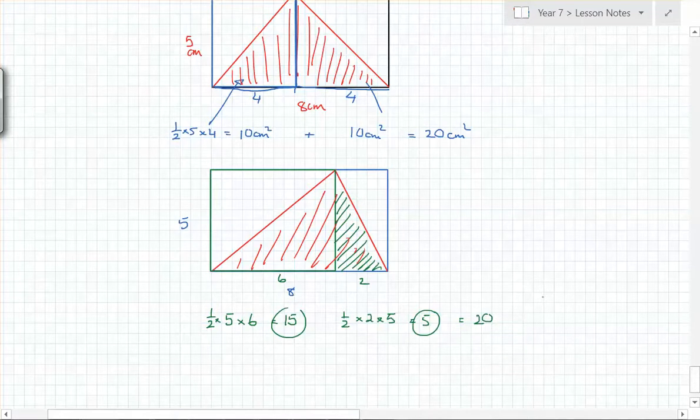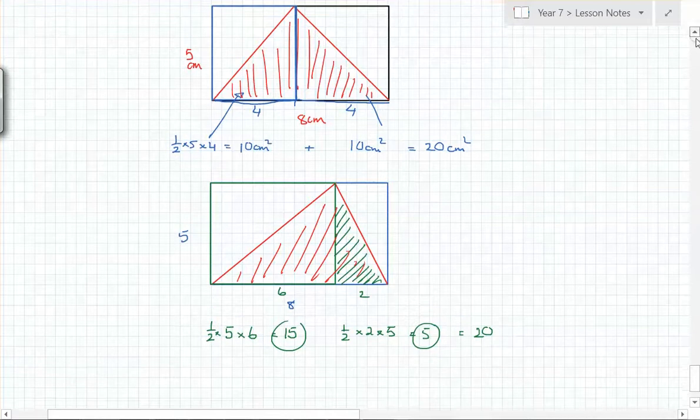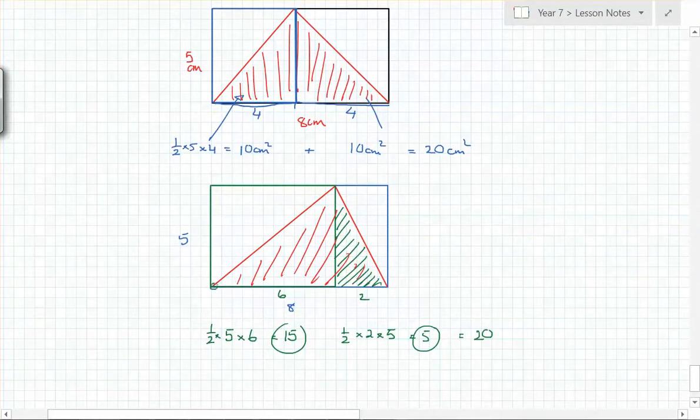So, basically, it doesn't matter where I draw this point along the rectangle, as long as the triangle fits from one corner to the other, so the base doesn't change, and this, what we call the height, remember I said it was the perpendicular height, if that doesn't change, the area of the triangle is always the same.